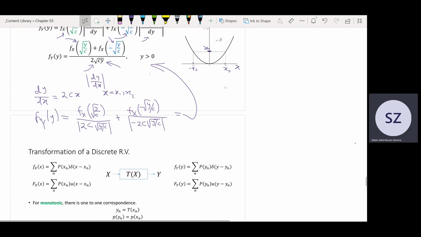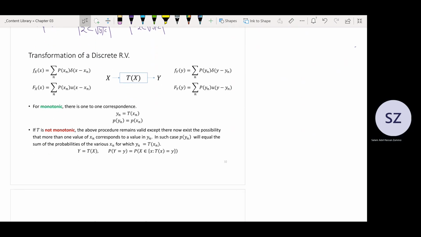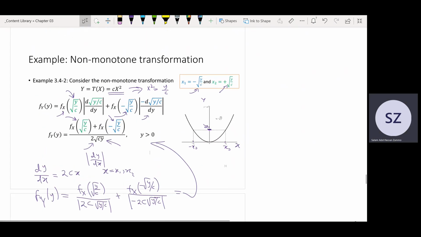Then, if you have no question, you can go to the next one, which is the transformation of a discrete random variable. A discrete random variable is easier to deal with because it takes specific values, so the PDF is not a continuous function. For continuous random variables, the PDF is a continuous function, and in order to find the PDF of the output of the transformation, you need to go through the process that we described.